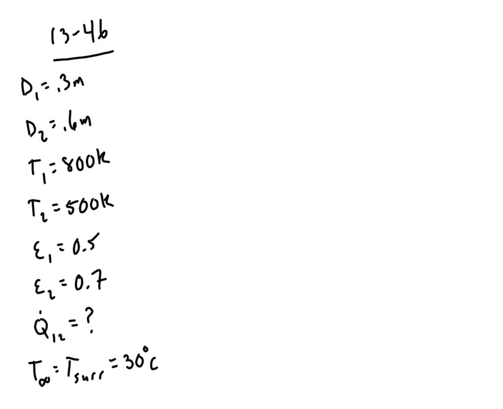And it also tells us that the outer surface of sphere 2, I'll call that emissivity 3, is going to equal 0.35. And we are asked to find the heat transfer coefficient h. Okay. So let's try and draw what we have.